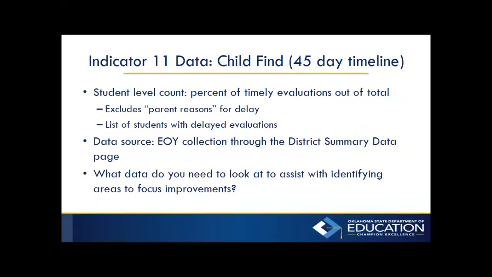Okay, so maybe additional data was required, or calendars or weather were a problem. Any of those kinds of things are considered unexcused delays. And so you report those to us, and then you're considered not compliant for this indicator.